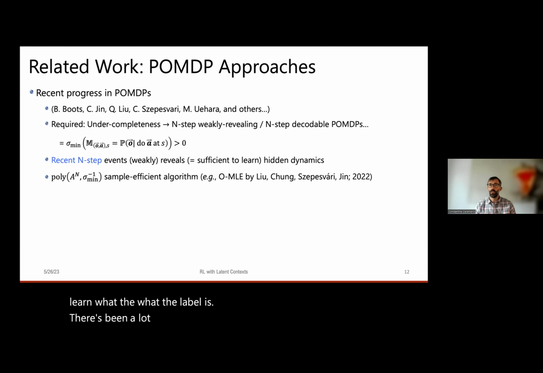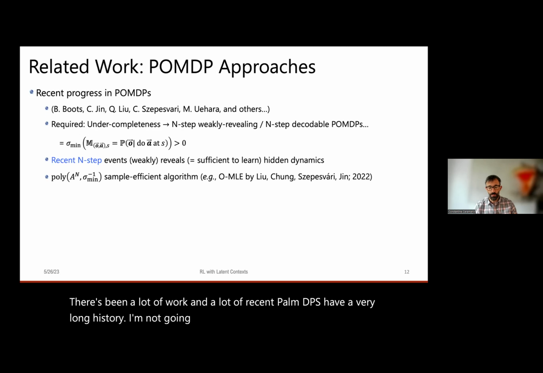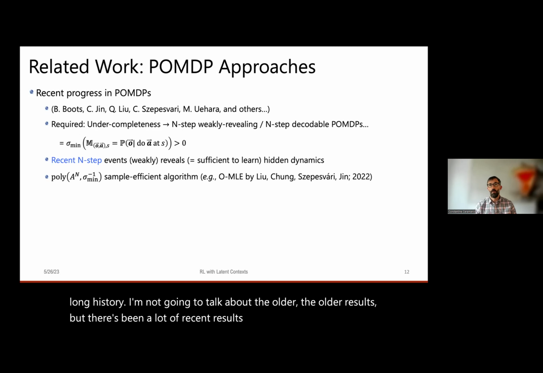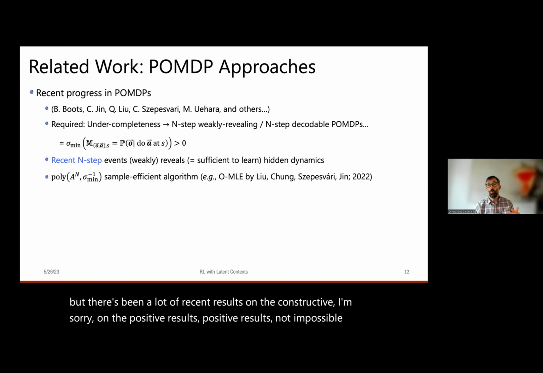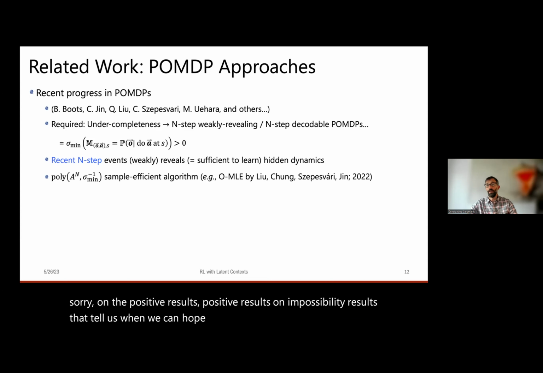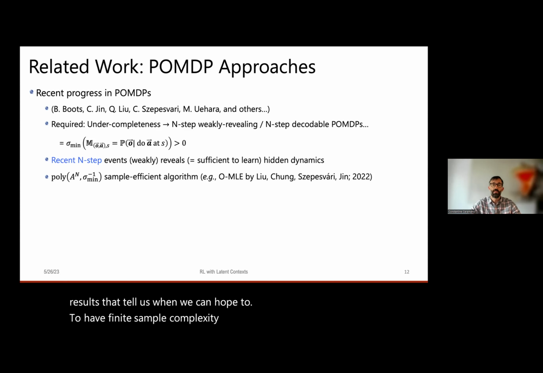There's been a lot of work, and a lot of recent POMDPs have a very long history. I'm not going to talk about the older results, but there's been a lot of recent positive results, not impossibility results, that tell us when we can hope to have finite sample complexity, polynomial sample complexity for POMDPs.